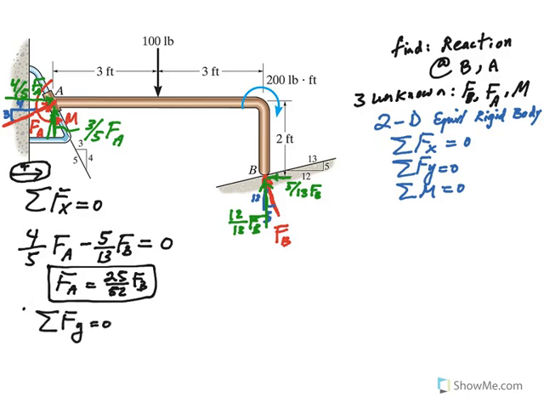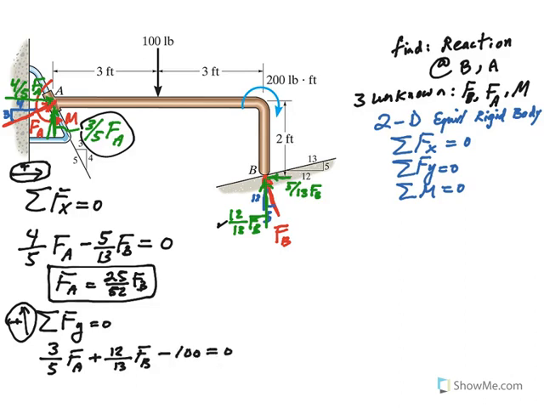So we say sum of the forces in y equals 0. This time we have 3/5 of F sub A, right here, and 12/13 of F sub B, both going in the positive direction. Don't forget the minus 100.